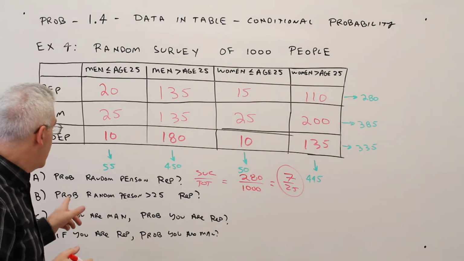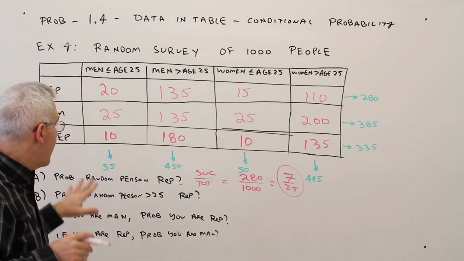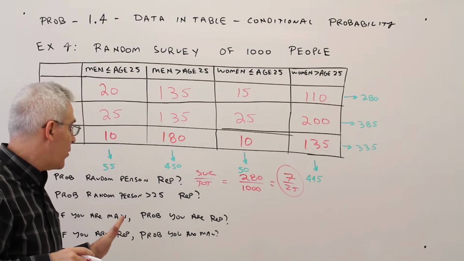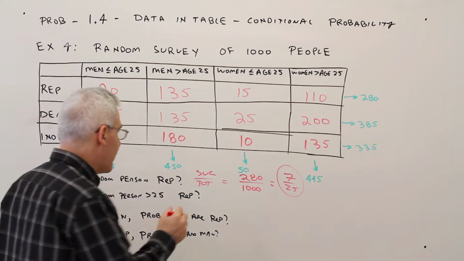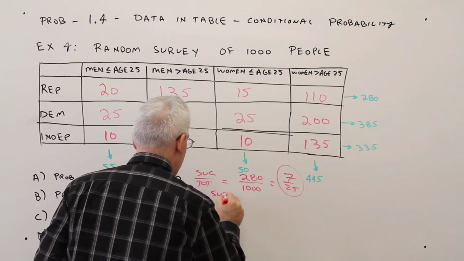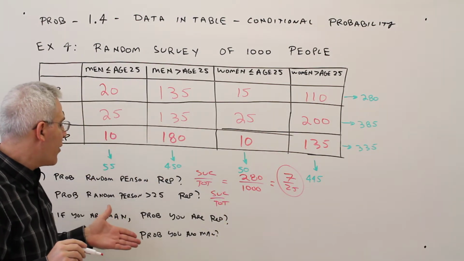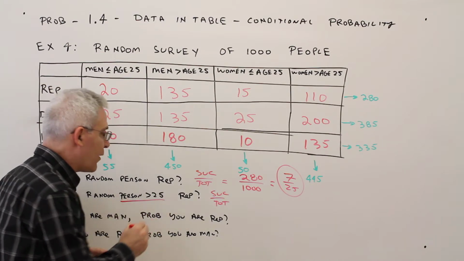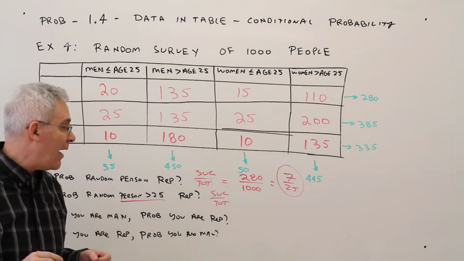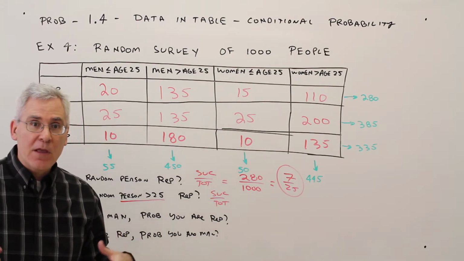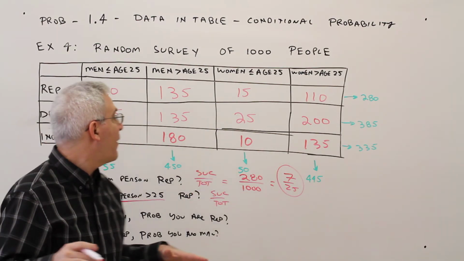Part B, what's the probability that a random person over the age of 25 is Republican? Again, it's going to be successful outcomes over total. What I care about is all the people over 25.